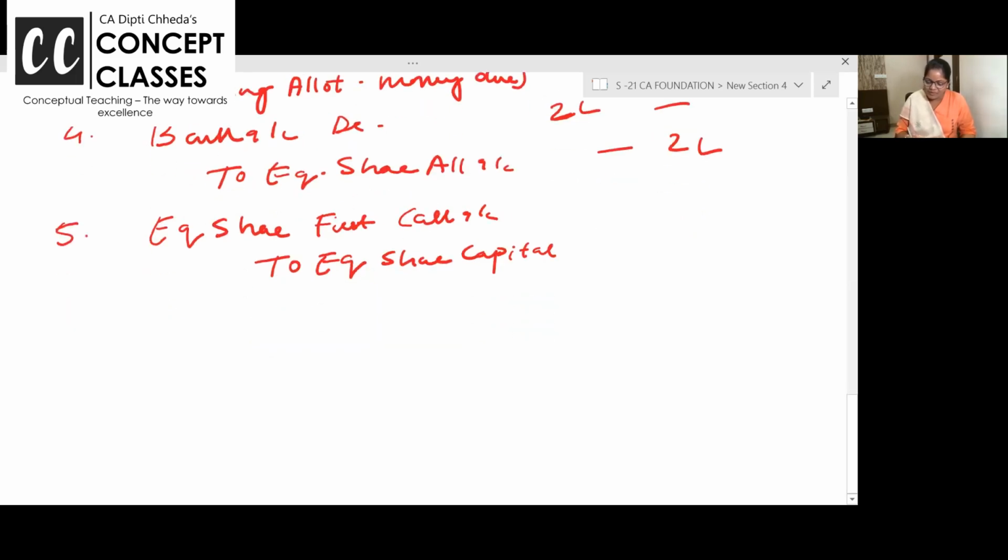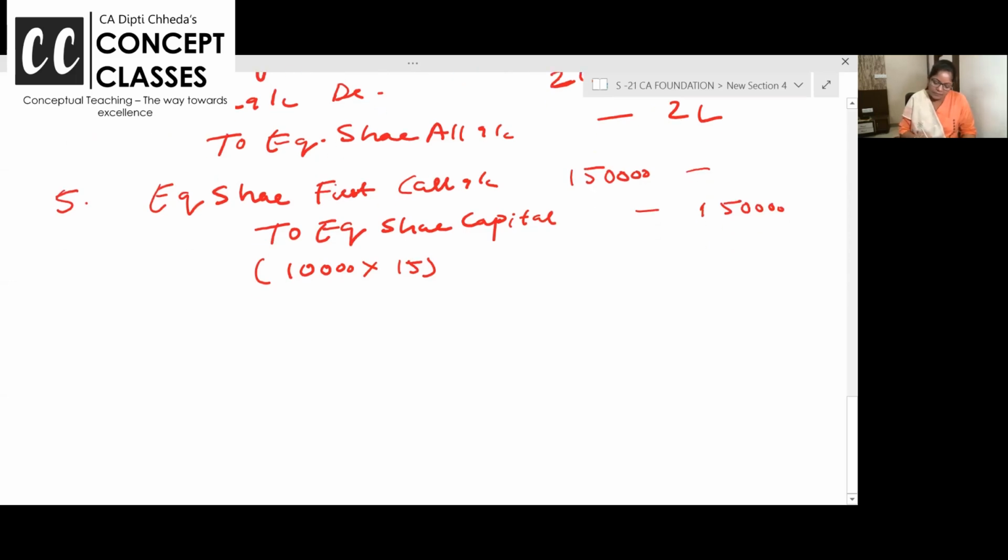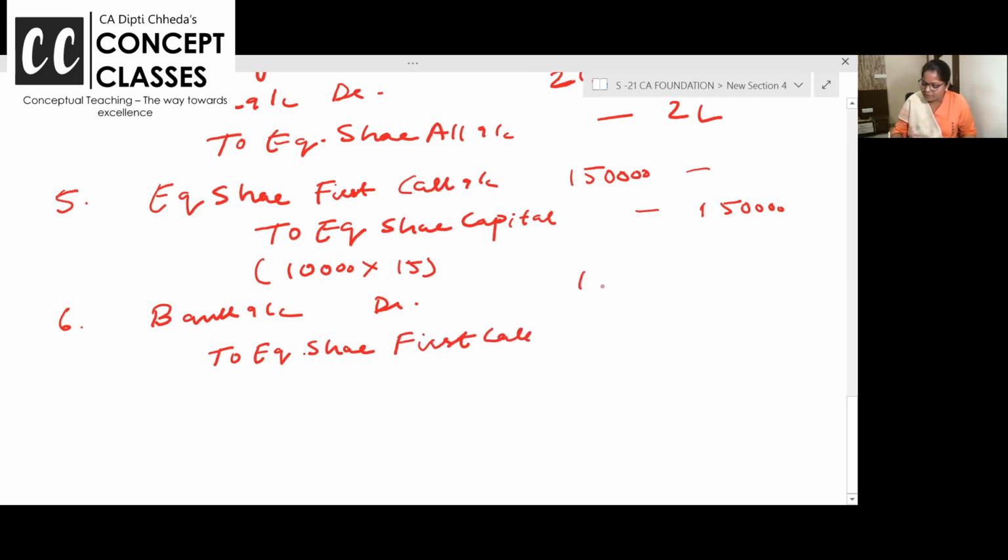Everything you credit to equity share capital. 10,000 shares into 15 is 1,50,000. Then bank account debit to equity share first call, 1,50,000.